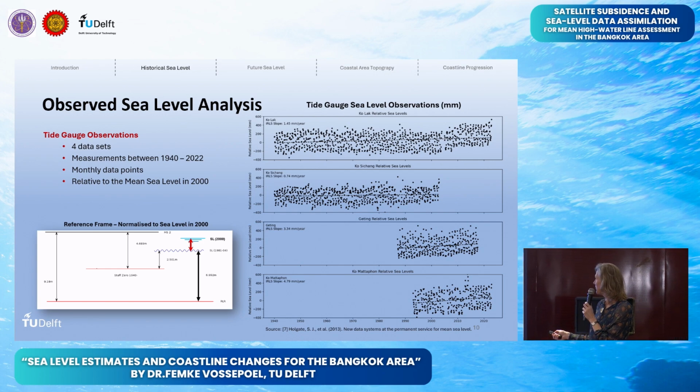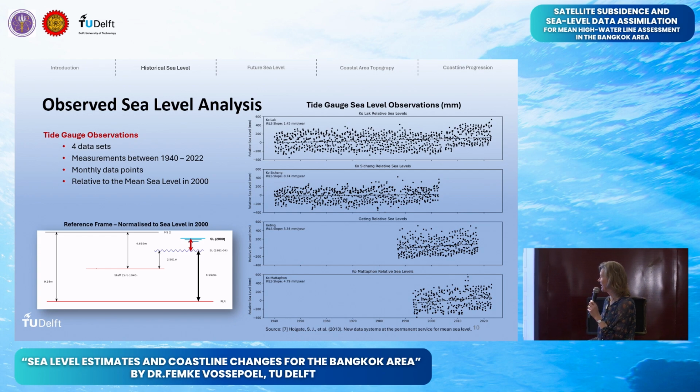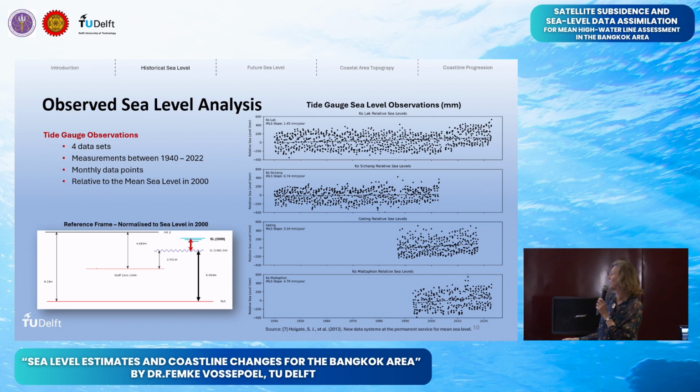And as a first step in his analysis, he made everything relative to the year 2000. And the reference frame, I think this is a bit similar to the plot that Mark showed you, is where he actually defined the reference level and then looked at how the different tide gauges were measured and referenced them all to the same level.